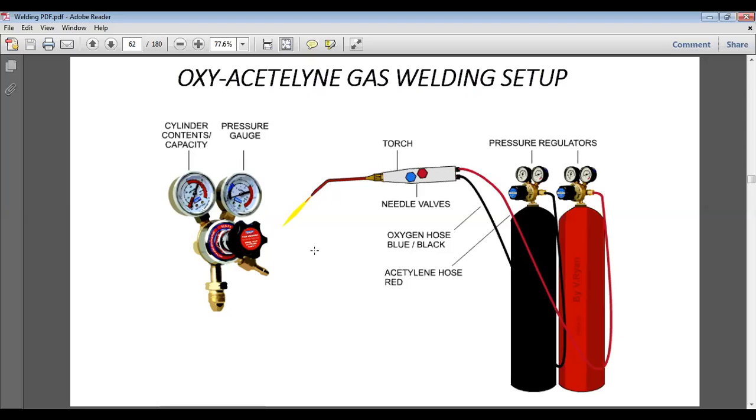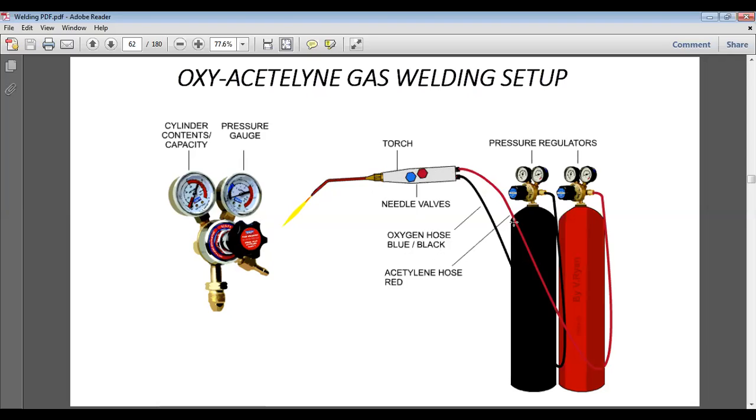Then we have a mixing hose or mixing nozzle, in which we mix the gases. And we have two valves, and these valves control the oxygen and acetylene coming from the cylinder. So here we also control the supply of oxygen and acetylene, and we have the oxygen hose blue or black, and the acetylene hose red.